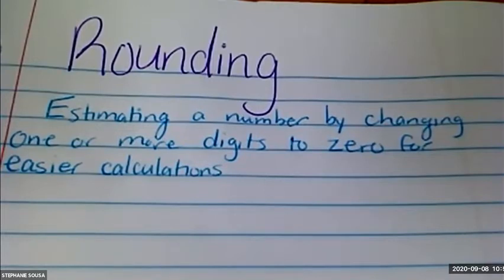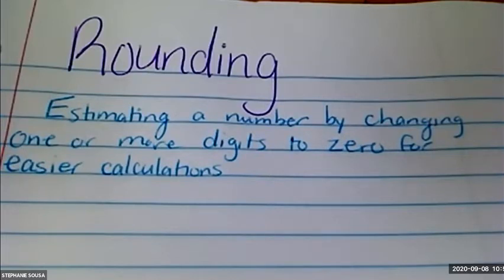And again, we use rounding in everyday life. We shared some examples with you on that video of when we might use rounding, such as if you're planning a party and you need to know how much pizza you need, or how many chairs you'll need to set up for your party, or how many supplies, such as paper plates and napkins. We use rounding. And stores use rounding as well.